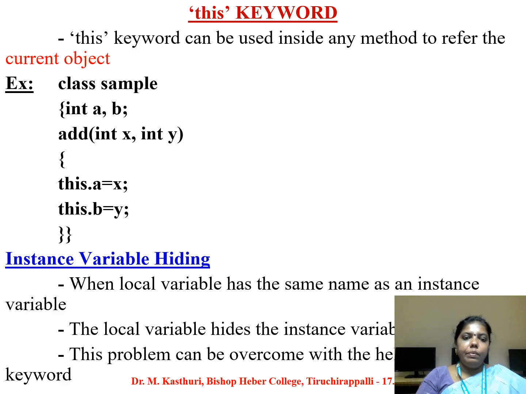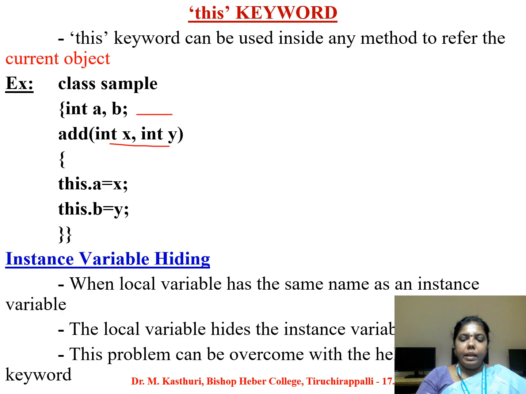But in this piece of coding, I specified different types of variable. In order to understand this keyword, I specify instance variables as x and y and local variables as a and b. But in some cases, instance variable and local variable both have the same name. This is also x and y.